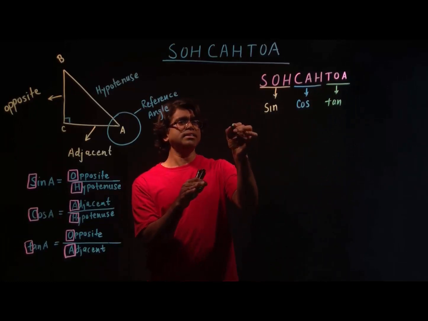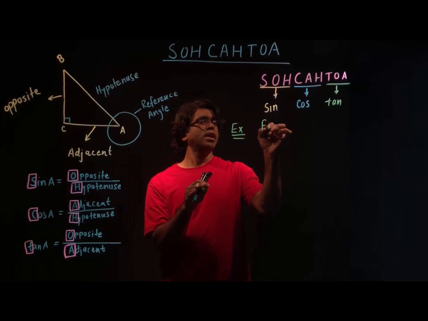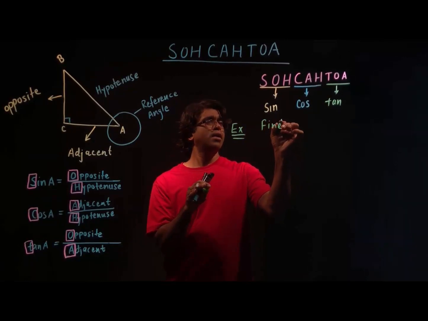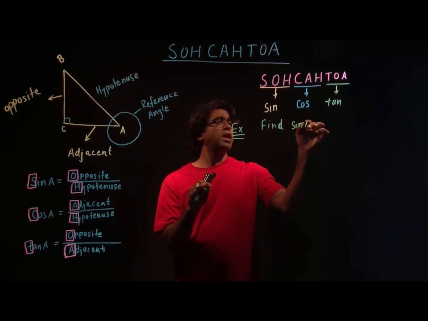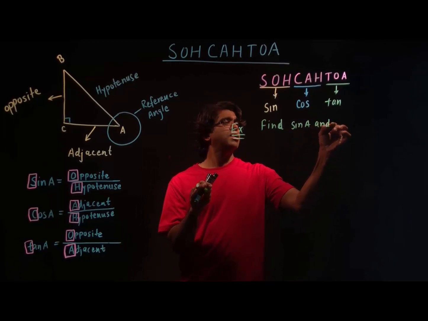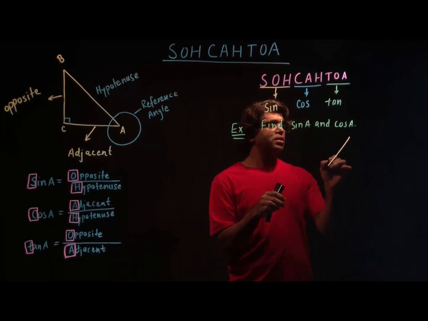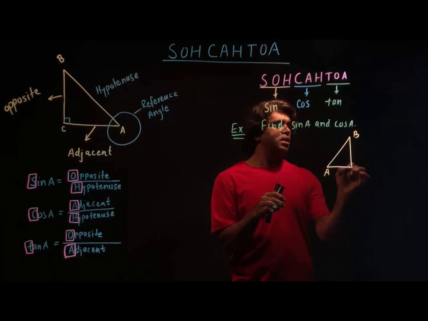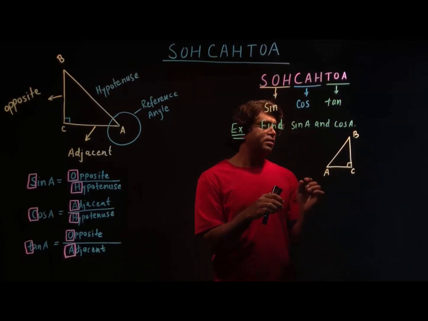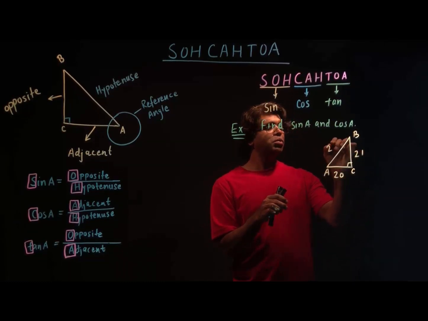Now let's consider an example. My example is to find sine A and cosine A. The triangle is given as triangle ABC, with A, B, and C as the vertices, and the sides are given as 20, 21, and 29.